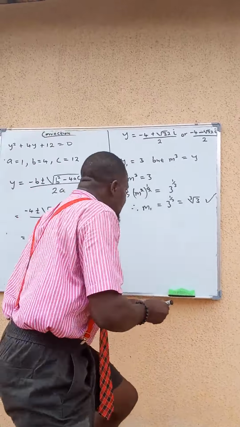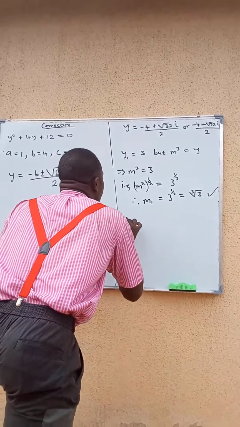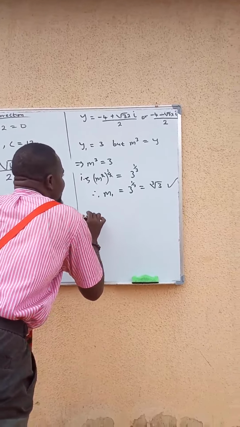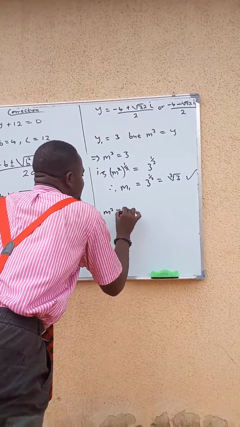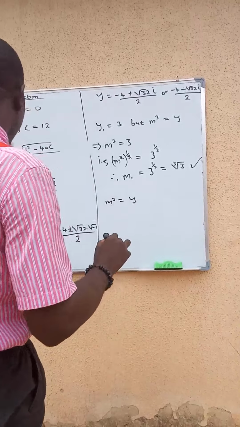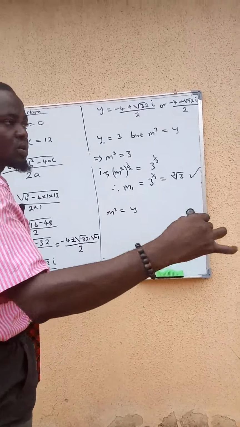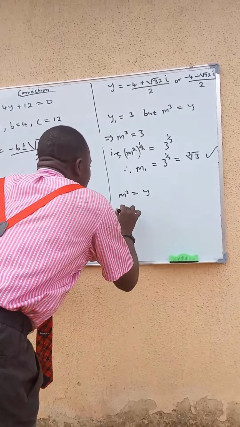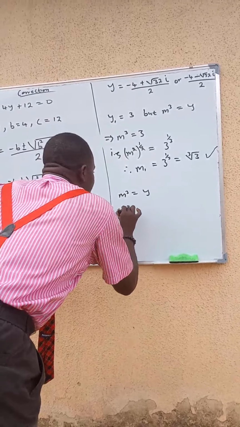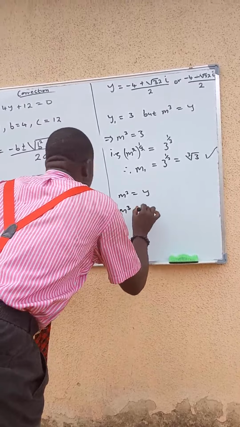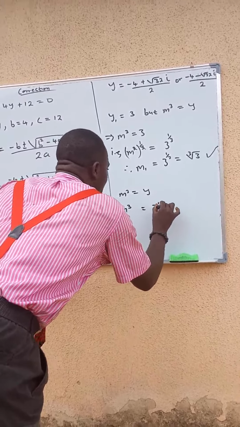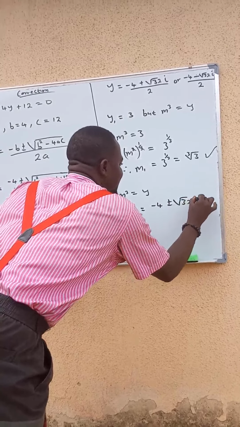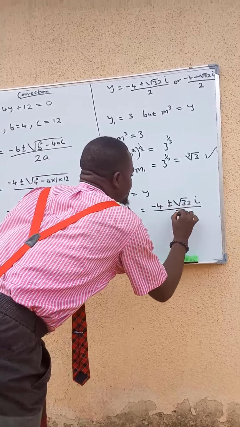So this is the authentic answer, since it doesn't contain complex number. Now, this other one, we said that m raised to the power of 3 is equal to y. I'll take from here to couple the whole thing. This will now be m raised to the power of 3, it implies that m raised to the power of 3 is equal to minus 4 plus or minus the square root of 32i over 2.